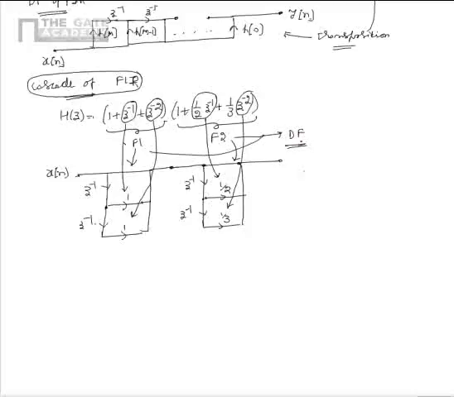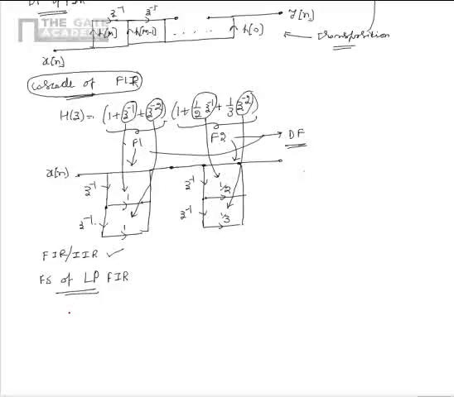Till now we discussed different realizations of FIR and IIR filters. Now we will look into different filter structures or block diagrams possible for a linear phase FIR system.